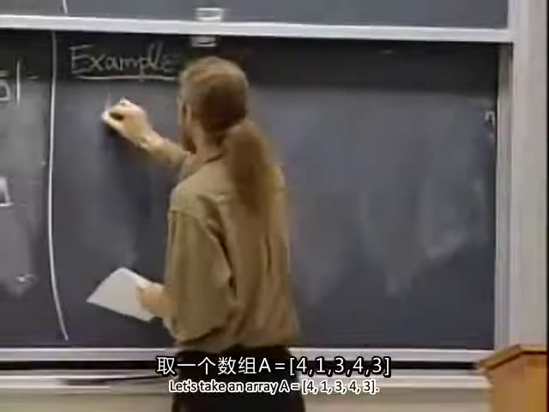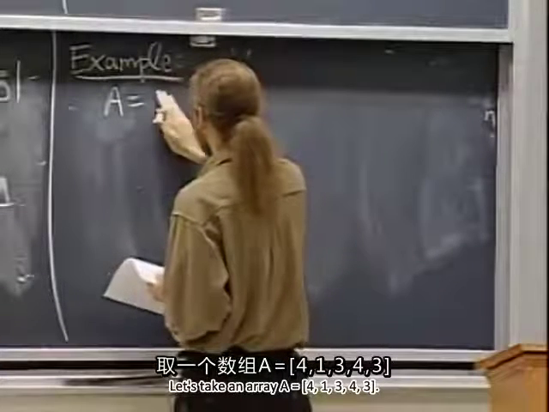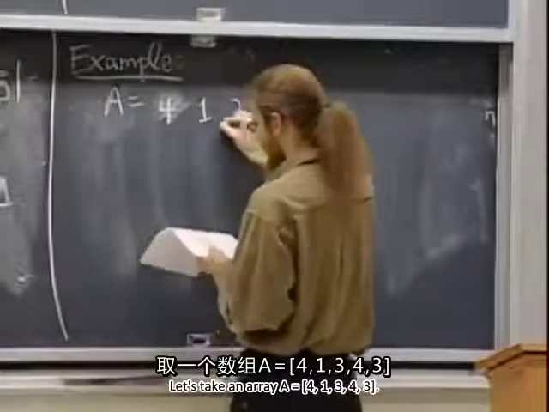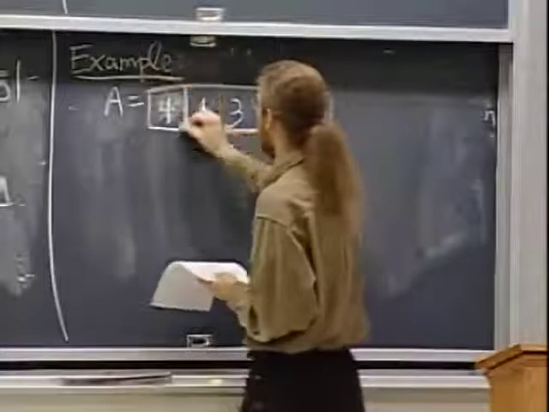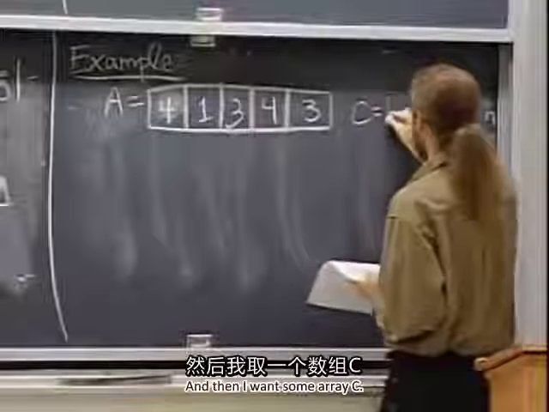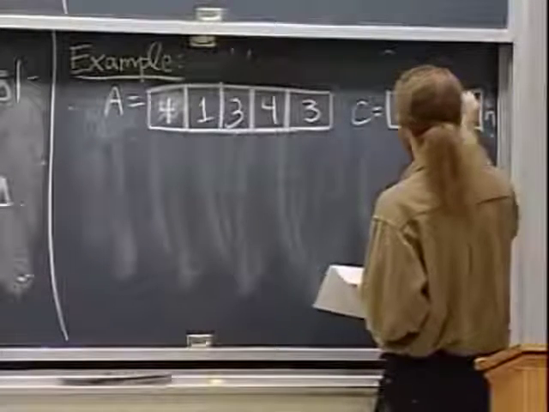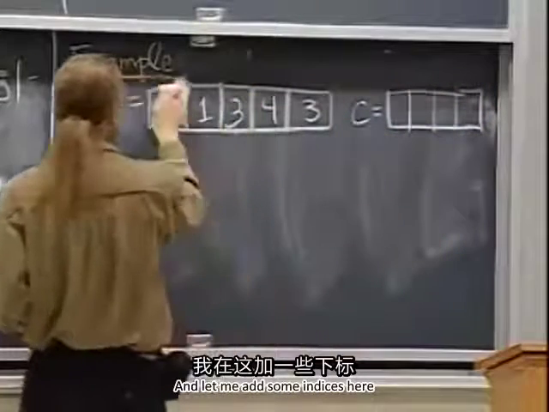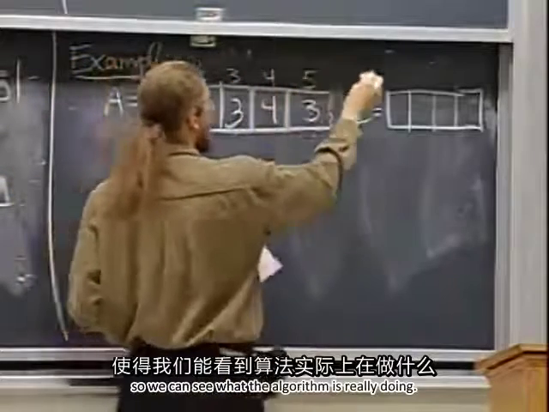So let's take an array A: 4, 1, 3, 4, 3. And then I want some array C, and let me add some indices here so we can see what the algorithm is really doing.